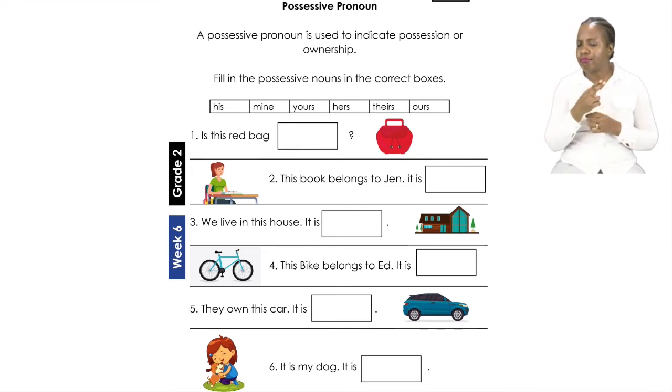No, because they means that we are talking about a different group of people that are not part of you. So our word is theirs. Let's write the word theirs. Well done. The rest of them, boys and girls, I want you to try and do by yourselves.